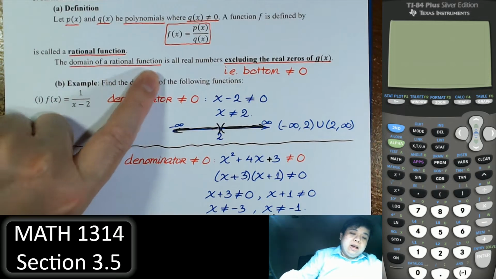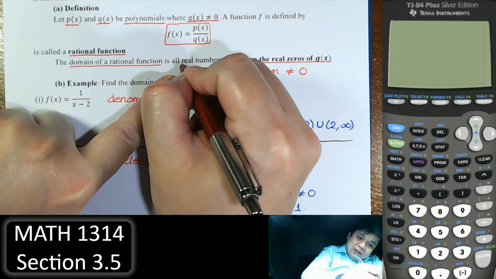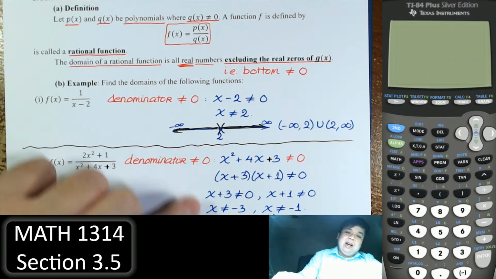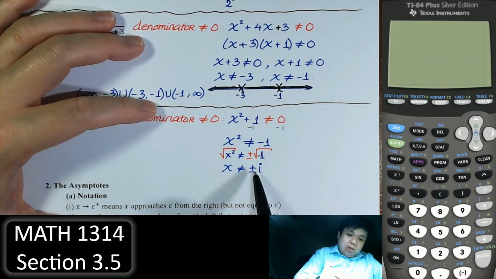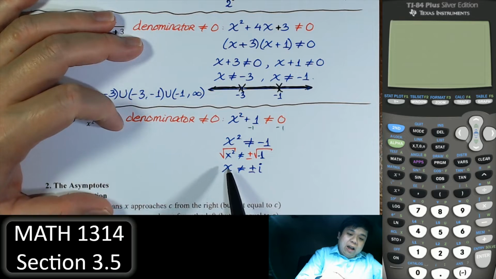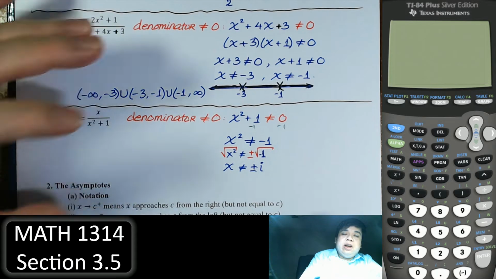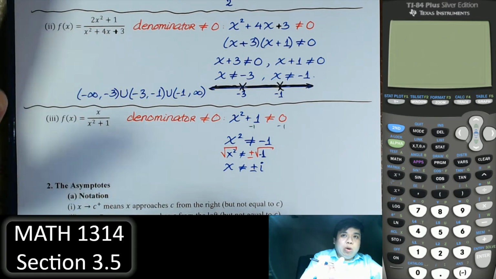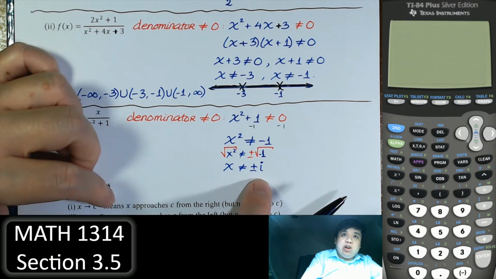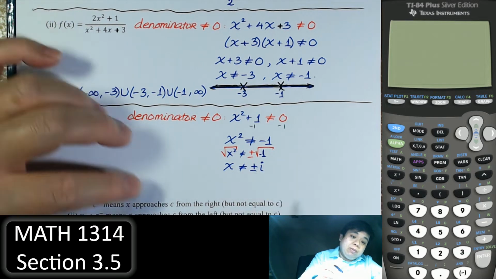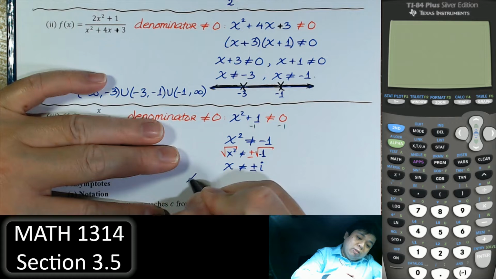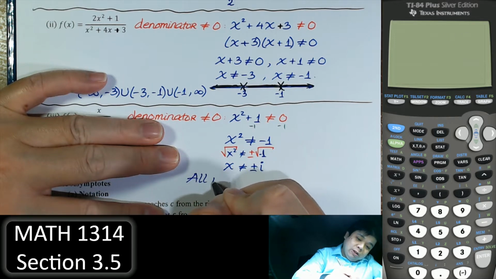Since the domain is all real numbers excluding the zeros, and here we have x not equal to imaginary numbers, meaning all the real numbers will work, because all the real numbers are not equal to imaginary. So we say all real numbers are acceptable.